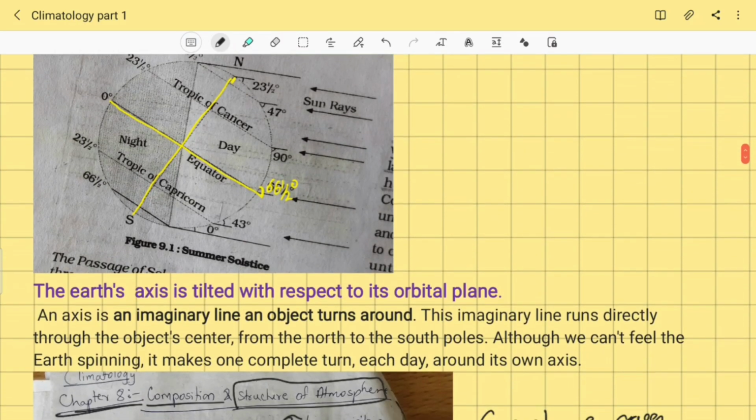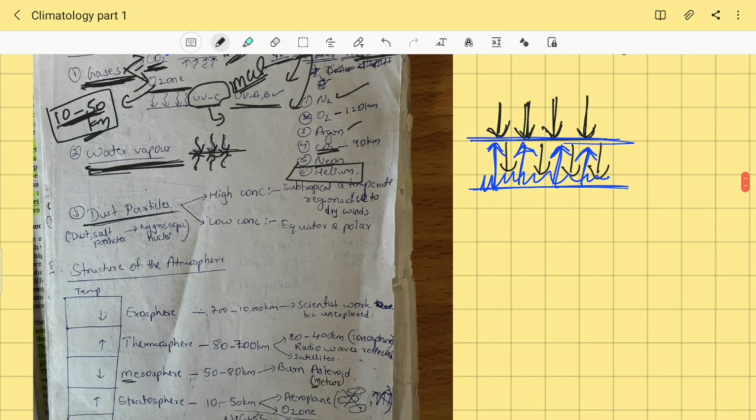One more important thing about water vapor is that it decreases from the equator towards the pole. As you go towards the desert area, the water vapor content decreases. And one more thing is water vapor contributes to stability and instability in the air. So what is stability? You should note down that stability means no rain, instability means rain.